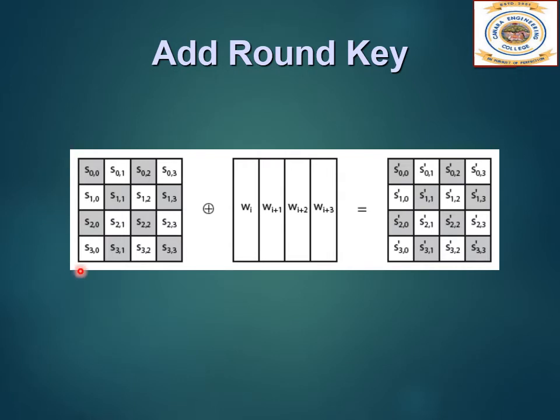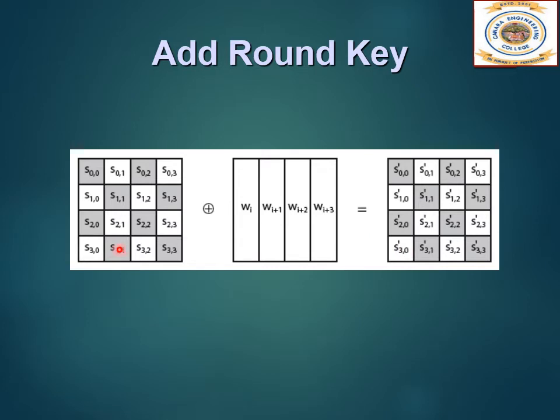So here you can see the state array, and this is the expanded key. These are 4 words. Again this is a 4 cross 4 matrix, but each column is taken as one word, that is 32 bits. The first column of the state array is XORed with the first word of the round key, and we get the first column of the output array.